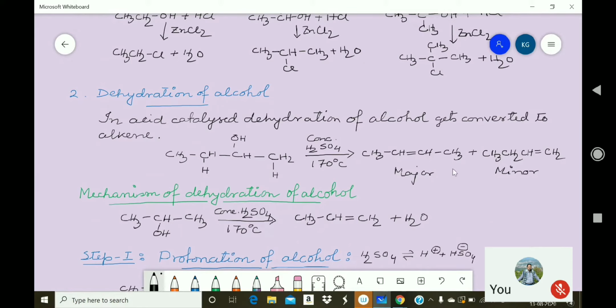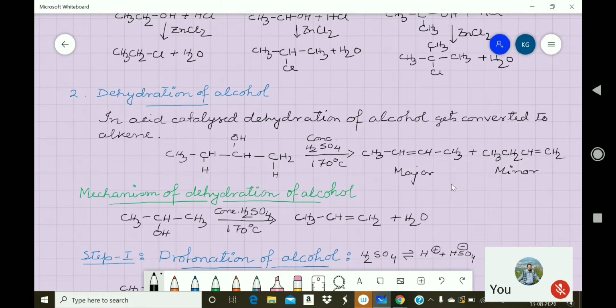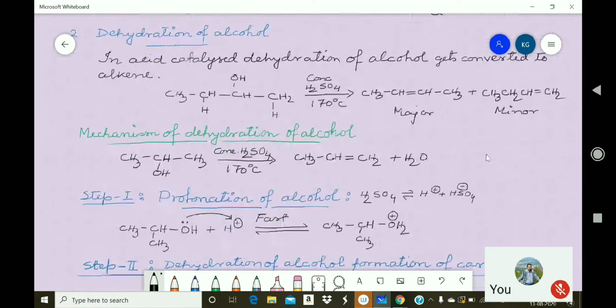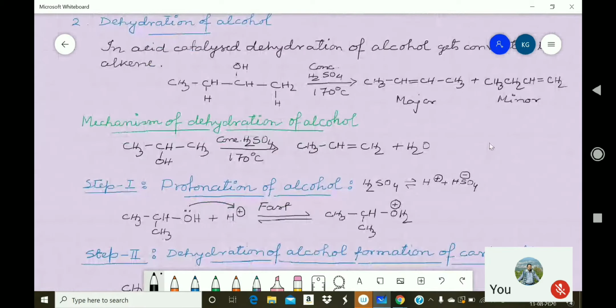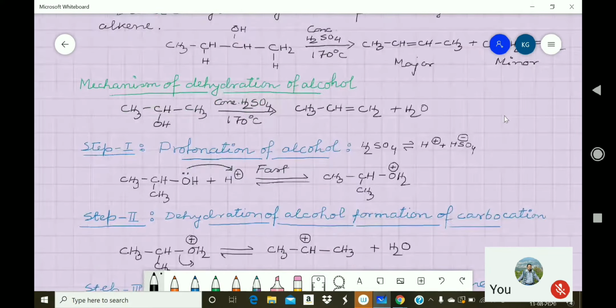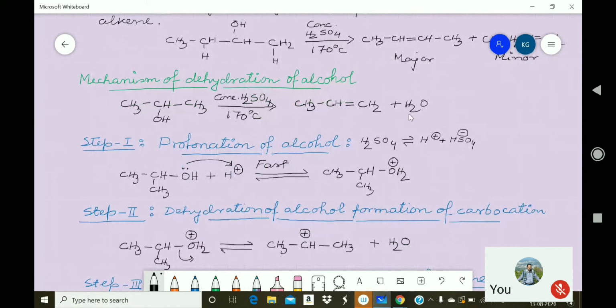and this can be understood from the mechanism of this dehydration of alcohol. Let us take as an example propan-2-ol, treated with concentrated sulfuric acid, giving rise to propene. This reaction actually follows formation of a carbocation intermediate.